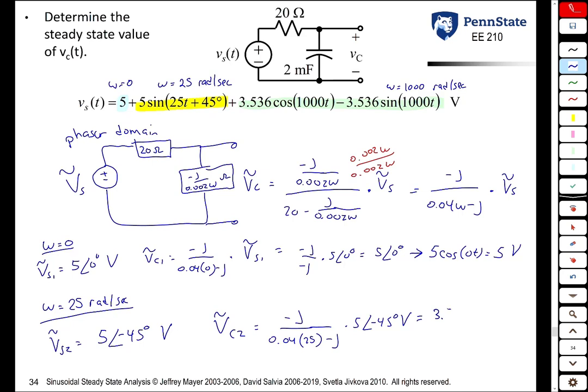It is 3.54 at an angle of minus 90 degrees volts. So that means in the time domain, this is 3.54 times the cosine of 25t minus 90 degrees volts.